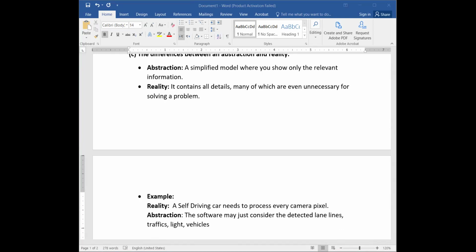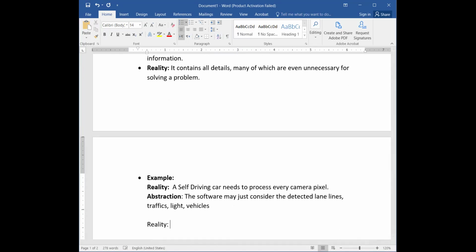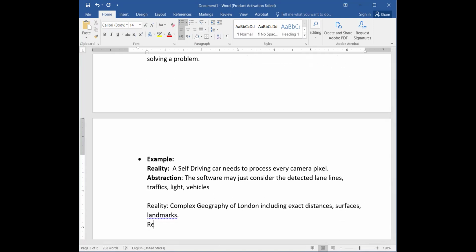Can you give me more examples for this? Reality will be like a scanner will basically need to scan every item that is bought from the shop, and the abstraction, for example, could be whether any items have coupons or not.